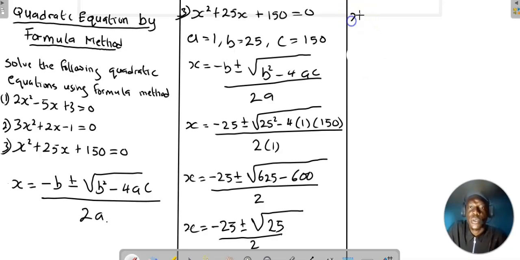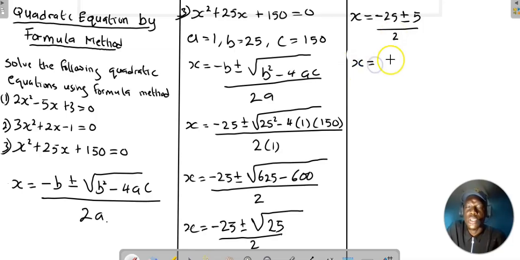Now let's bring it up here. Our x will now be equal to minus 25 plus or minus the square root of 25, which is 5, all over 2. So either our x is equal to minus 25 plus 5 over 2, or our x is equal to the minus sign now, minus 25 minus 5 all over 2.